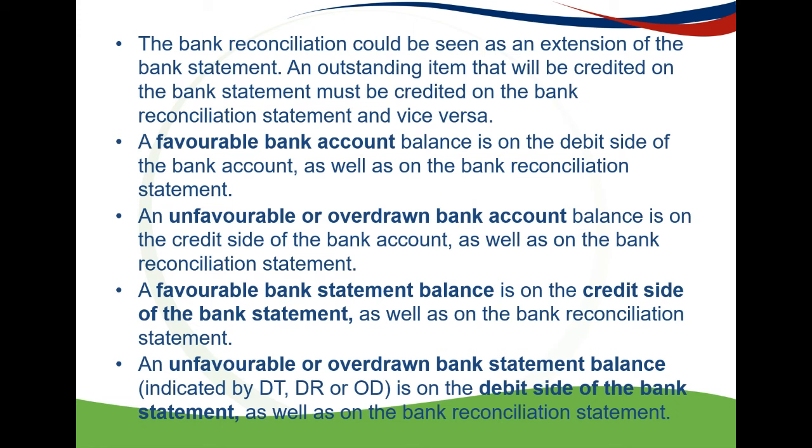So when your bank account is unfavorable or overdrawn, you will then have a debit balance on the bank statement. So you see, it's important to know when it's an asset and when it's a liability, the rules for assets, the rules for liabilities. Because if you don't know them, you're going to struggle.